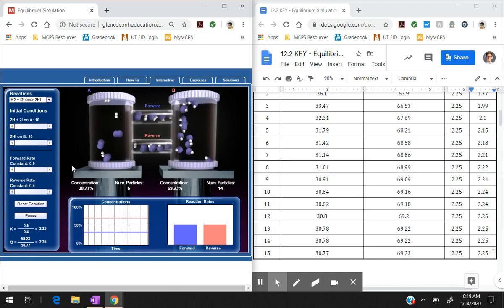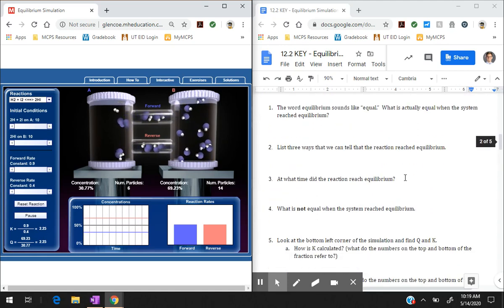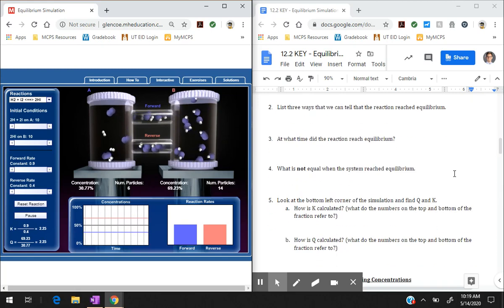There's no longer a net change, but you'll notice that particles are still moving from one side to the other in both directions. They're just moving at equal rates, so the concentration is not going to change at this point in time.